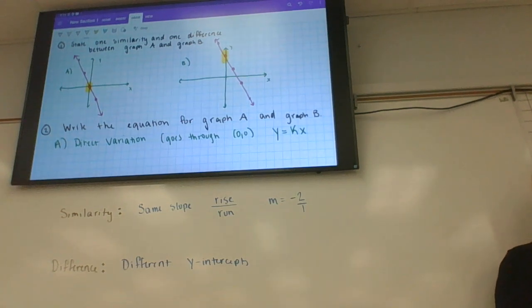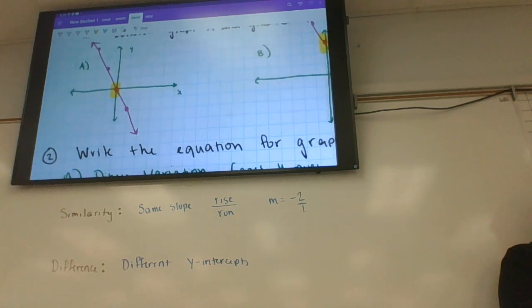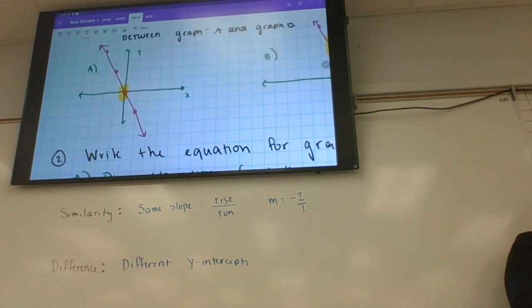Who's got the equation for graph A? Let me just zoom in on it. If this is supposed to be written y equals k times x, what would the k value be? Logan? Yeah, -2 or -2 over 1.